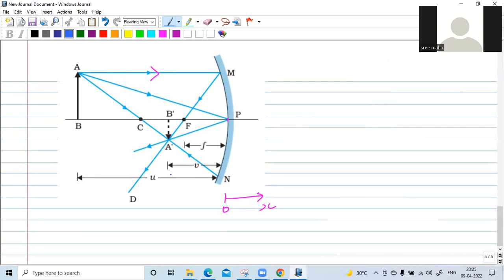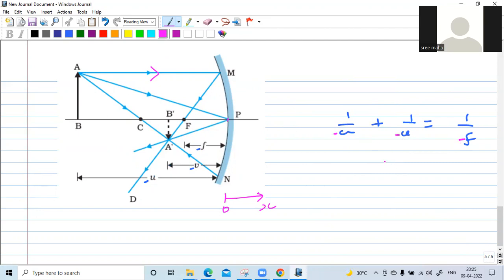According to this convention, U, V, and F are not distances, they are coordinates. Distance is always positive. So the distances are minus U, minus V, and minus F. In the formula I have 1 by U plus 1 by V equals 1 by F. Since everything is negative, I have to make it positive, so I put this negative sign.